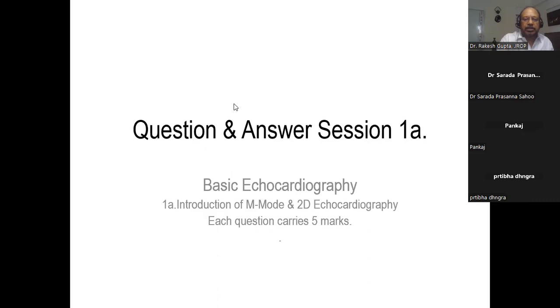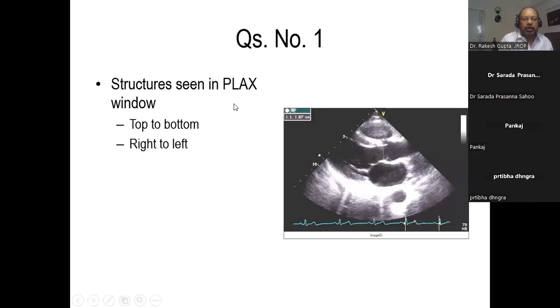The first question is, what are the structures seen in this plaque's view from top to bottom? What is this structure? Right ventricle, interventricular septum. What is this? Aortic root. Which aortic root?